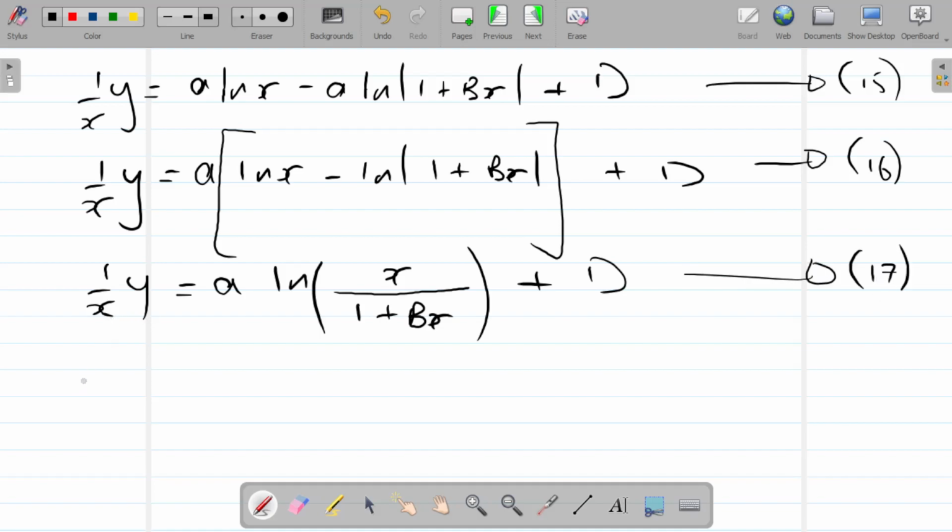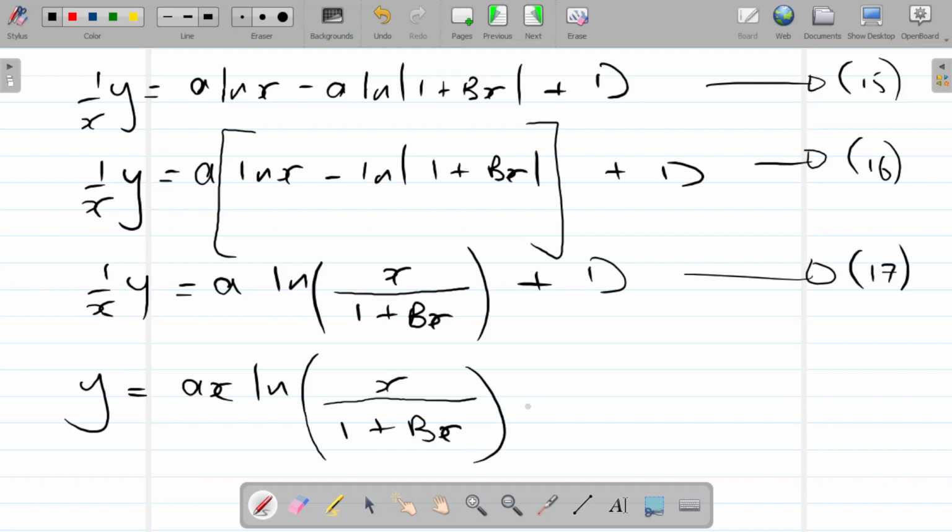So y is equal to ax times the log of x divided by 1 plus bx plus dx, right?